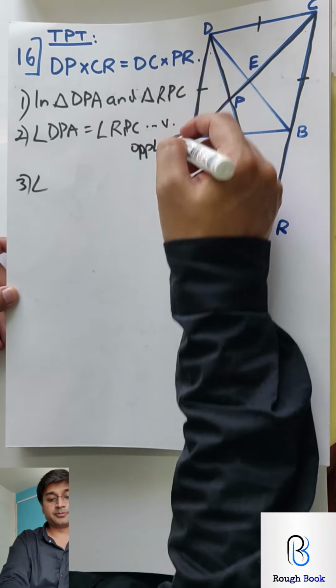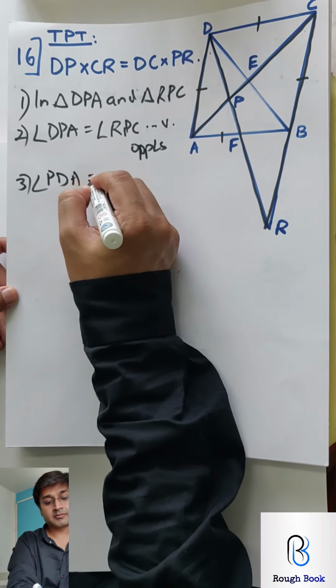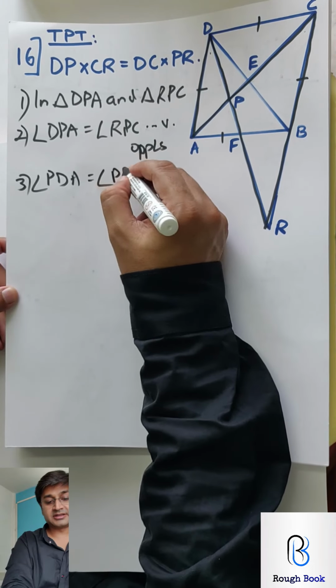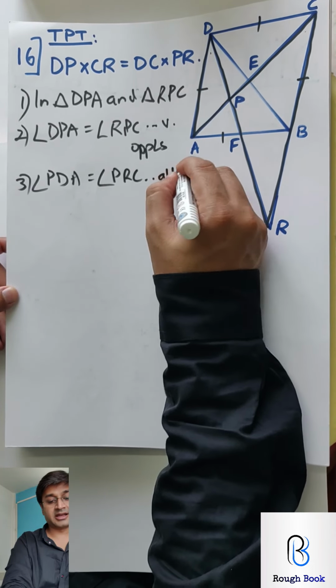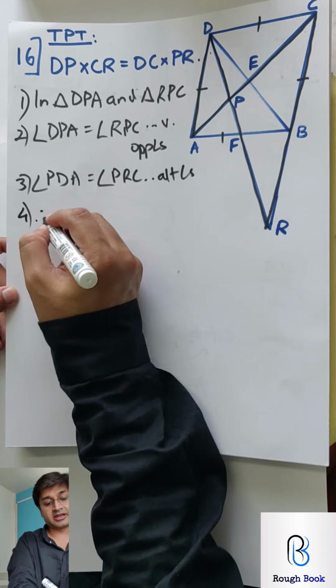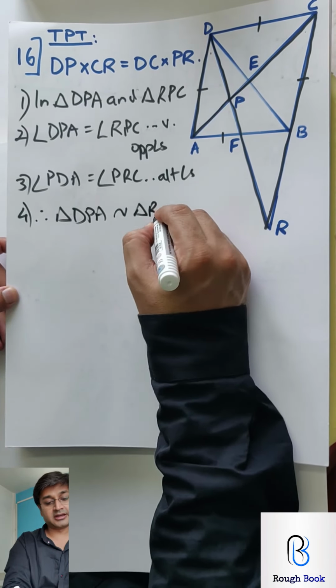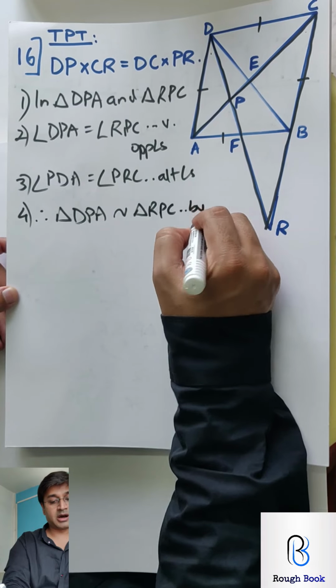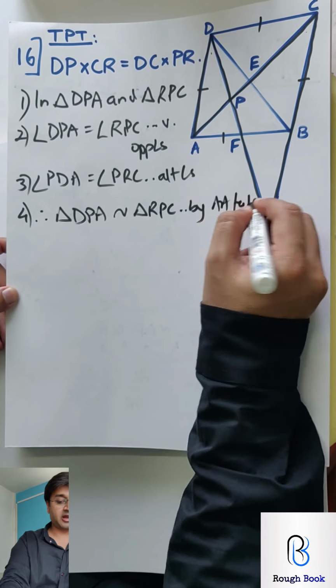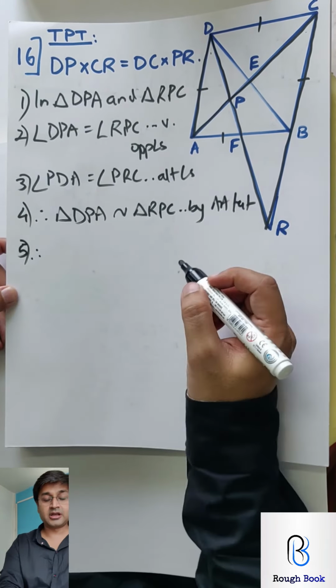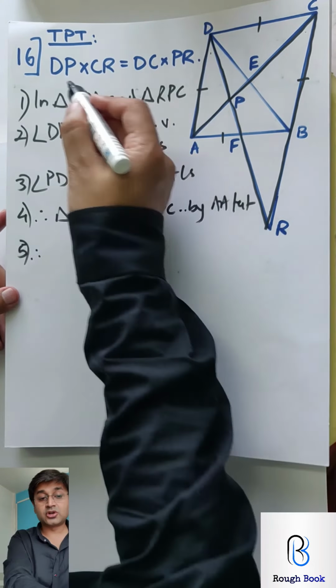Then angle PDA is equal to PRC, alternate angles, and therefore I can say that triangle DPA is similar to triangle RPC by AA test. Now that I have got the triangles similar, I am going to use CSST based on what I need.